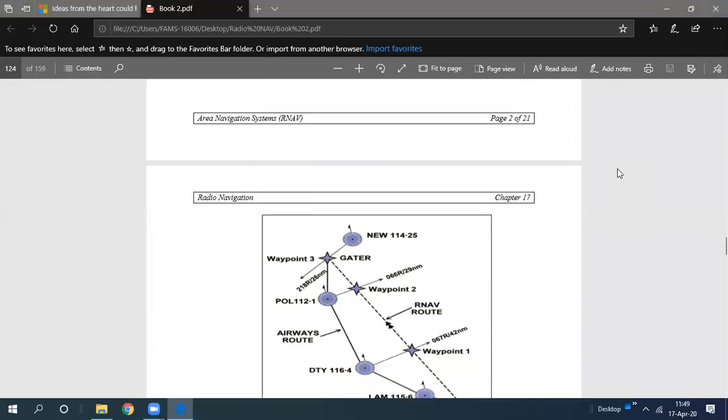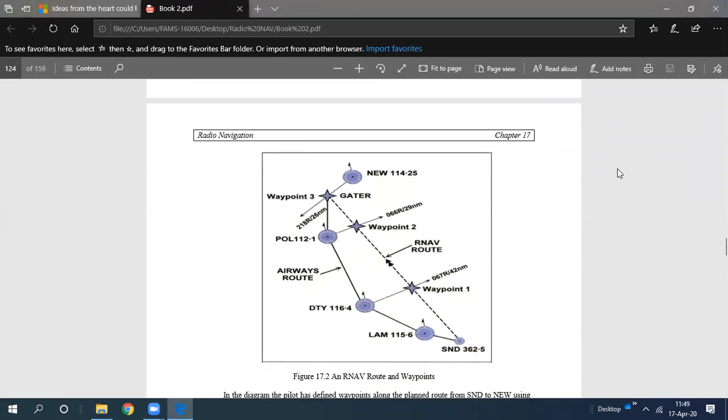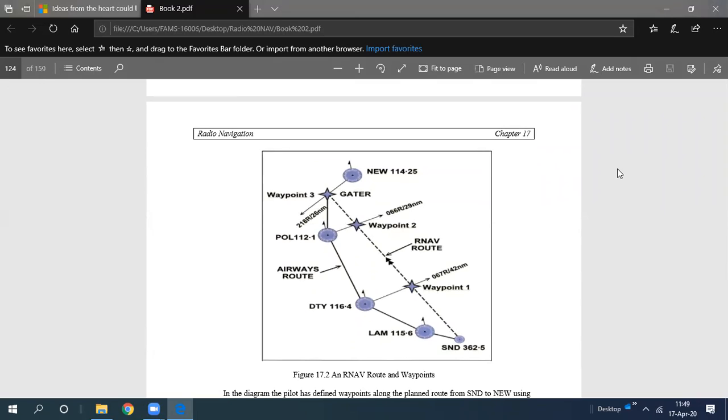Now, if you see this photograph, 17.2, route and waypoints, how do you select? You are flying from SDN to the new point, which is the route you are supposed to follow. And if you see, you have the waypoints which have no ground-based navigation with them. But you have these so-called VOR DMEs, these airway routes, and they have the ground-based navigation system.